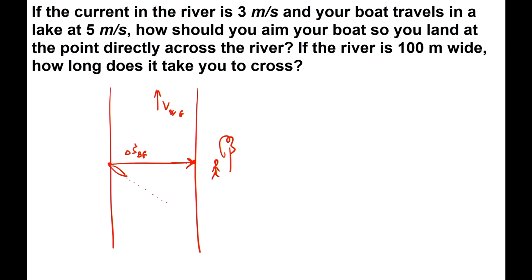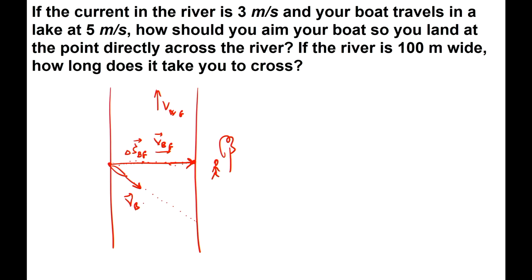With no river in a lake, it would hit this point. Because of the stream in a river, it always remains on this line. So this velocity of the boat, well, relative to what now? First of all, it cannot be relative to ground, because this is supposed to be the velocity of the boat relative to the ground, because it equals the displacement of the boat relative to the ground divided by the time.